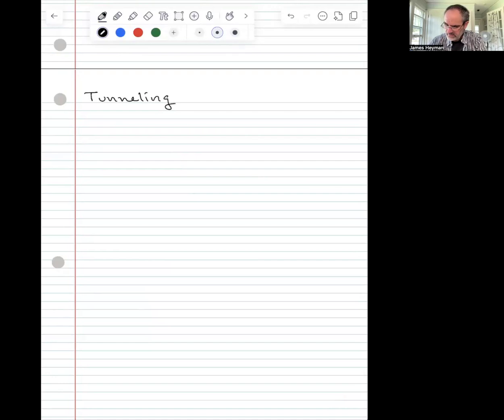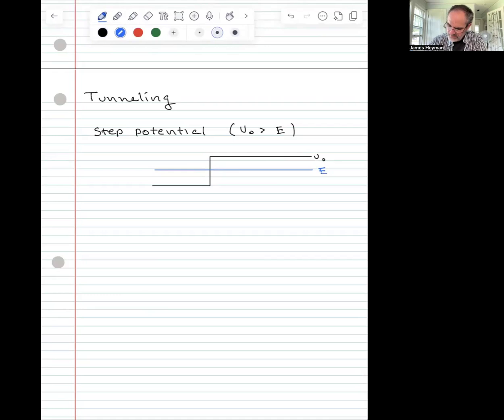So to talk about tunneling, it's important or useful just to review what we found for the step potential, and in particular for the case where the height of the step is greater than the energy of the particle. In this case, which I'm just going to sketch for us here, if this is the height of the barrier, and if the energy of the particle is below the height of the barrier, then what we found is that the wave function is oscillatory to the left of the barrier.